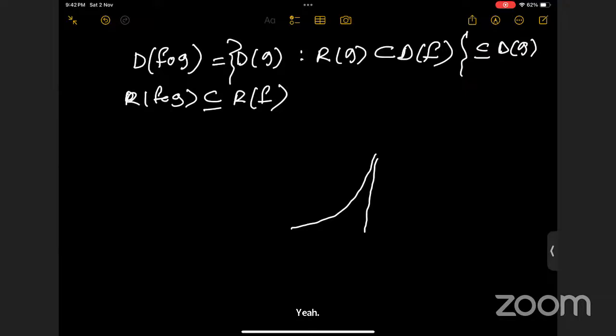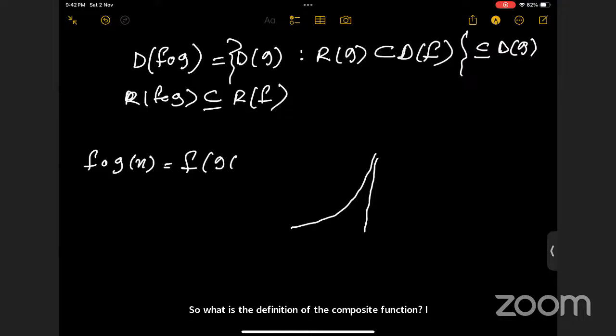Yeah. Let us now move on with the concepts. You were asking me to elaborate on the domain and range of a composite function. What is the definition of the composite function? f compose g of x means f of g of x, right?